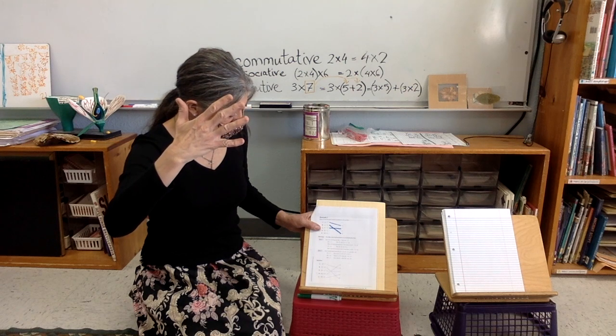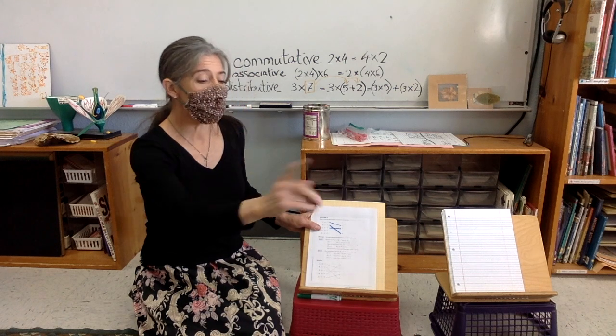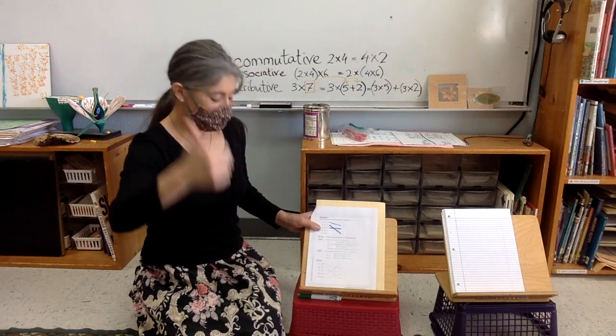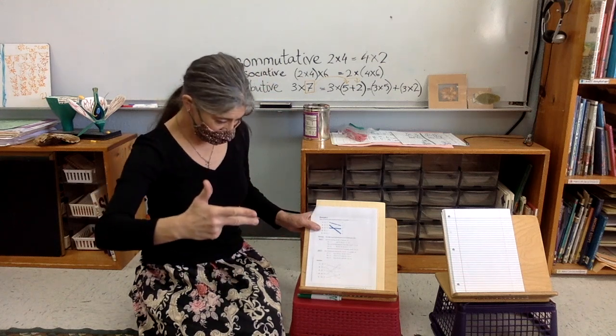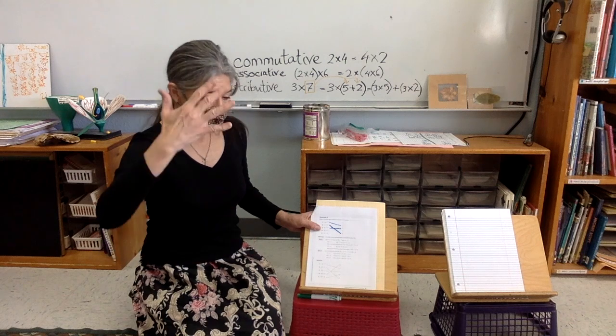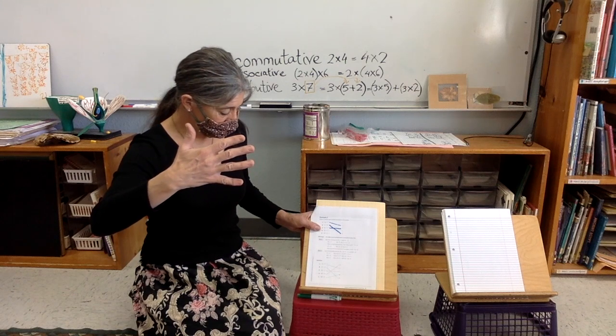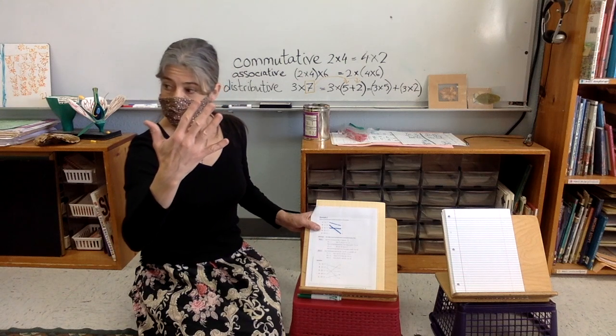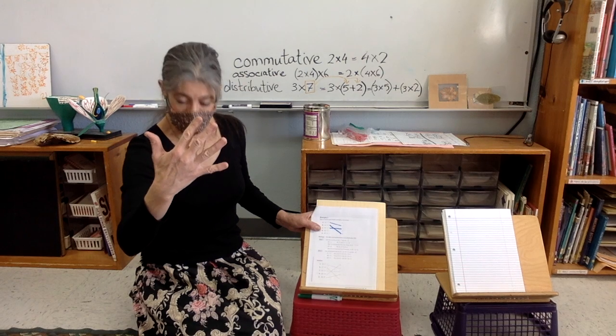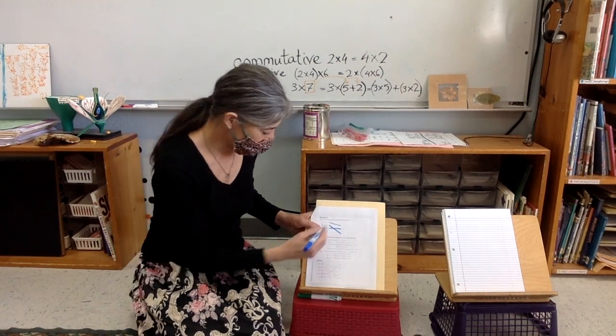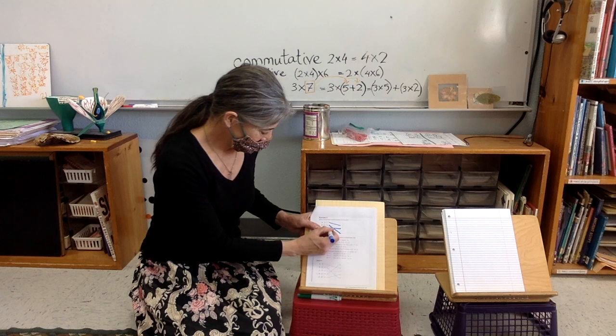Ooh, I don't know my 8s that well. Okay, do it with Silas together. 8, 16, 24, 32, 40. And stop. It was 5. Yeah, don't put your fingers down.